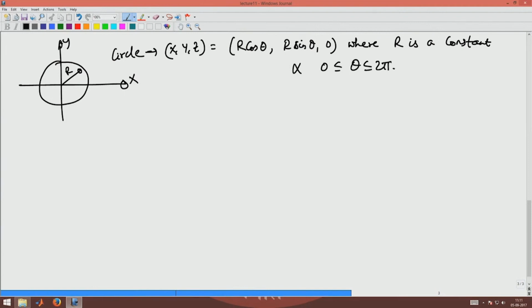So, this is the circle represented as a curve.